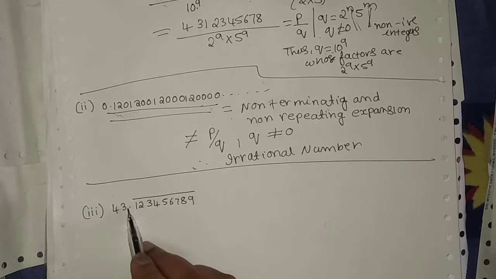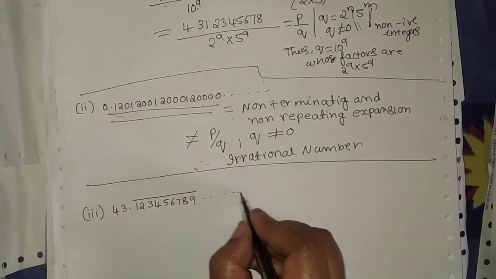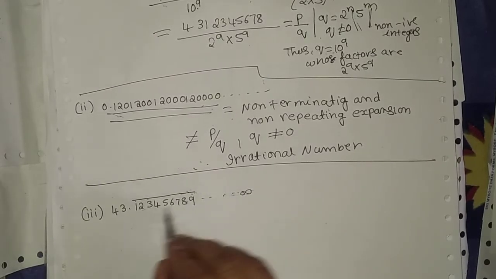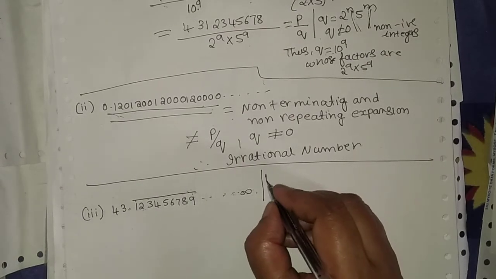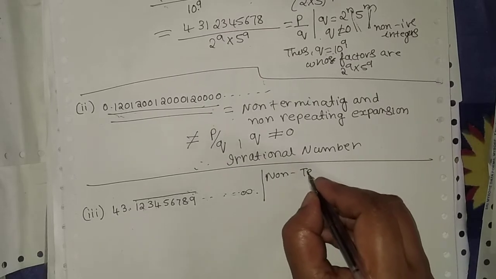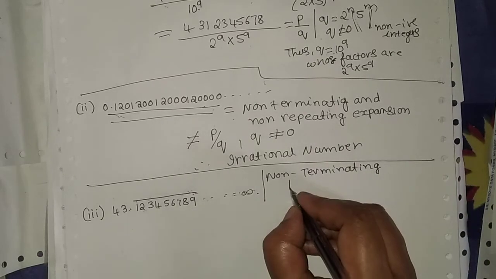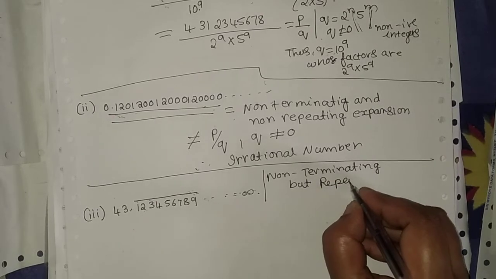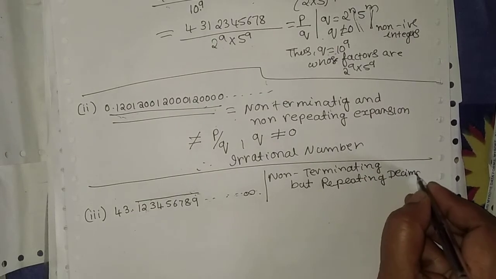Next, this problem is given as 43 point. This represents a repeating number, which goes on until infinity; after the decimal point it is infinite. So here we can write this as a non-terminating but repeating decimal expansion.